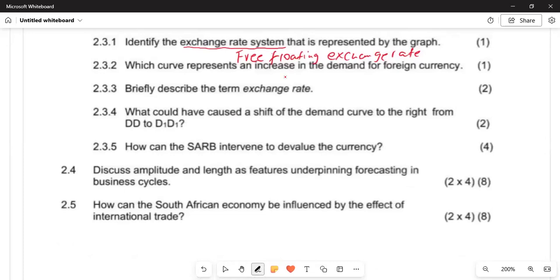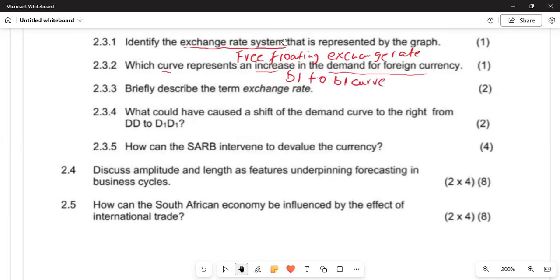2.3.2 Which curve represents an increase in the demand for foreign currency? The curve that is showing the increase in the demand for currency is the D to D1 curve.